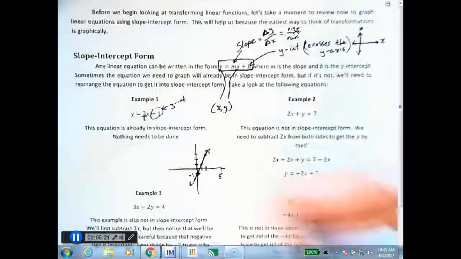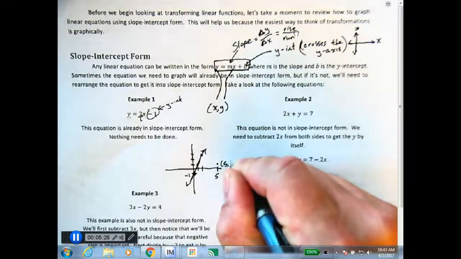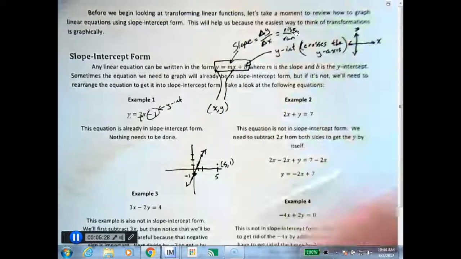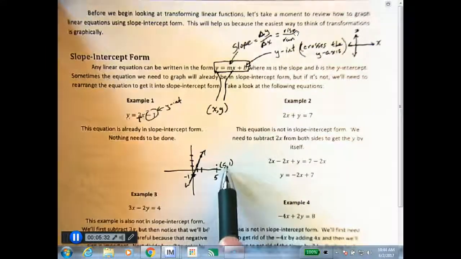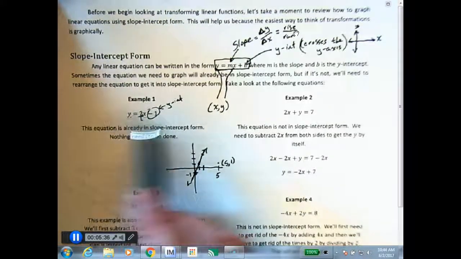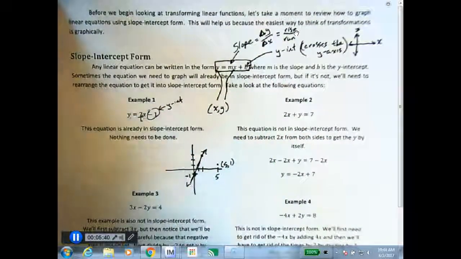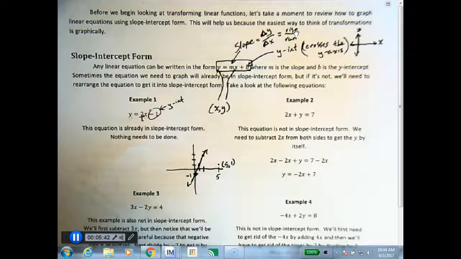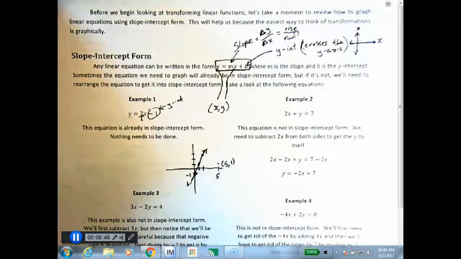If I have the ordered pair 5, 1, which, just looking at the picture, does not lie on this line, that means this coordinate right here will not be an x-y coordinate that will make this statement true. That's what x and y mean. If you didn't know that, that means you made it all the way through 8th grade math and algebra not truly understanding linear equations.